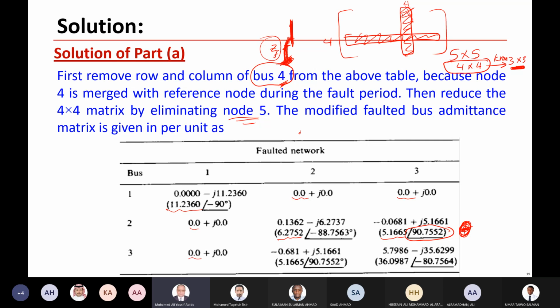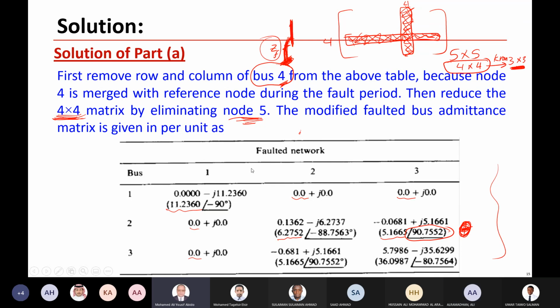We eliminate bus number 4 completely, you just delete it from the matrix without Kron reduction. There is no Kron reduction here. You just eliminate the bus. Okay, and then you have a 4 by 4 matrix. This will undergo the Kron reduction to eliminate bus number 5 this way. So you end up with 3 by 3 here.